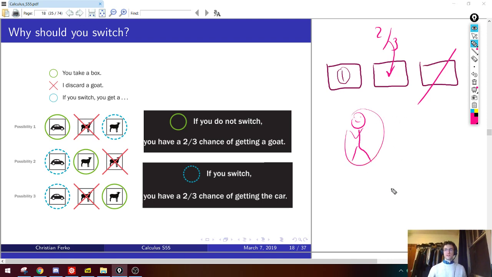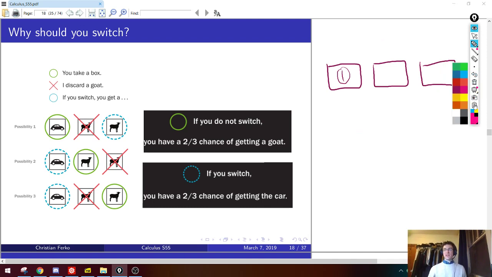Because the problem with that argument is probably that there is the chance that that guy opens the door with the car? Exactly. That's entirely it. Because if a person came off the street and opened this door at random, there was a chance that the car would have been behind that door. The only reason I'm getting new information from this setup is because the game show host knows which door has the car, and he is intentionally choosing a door which has the goat.